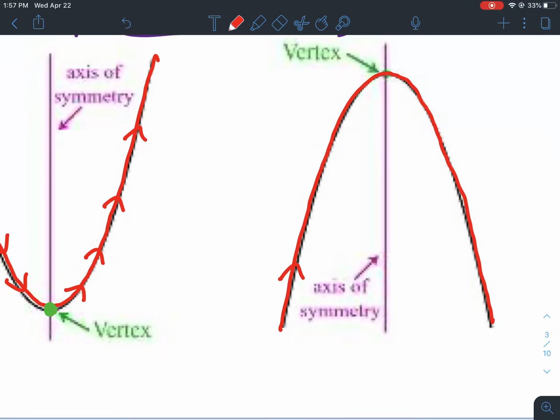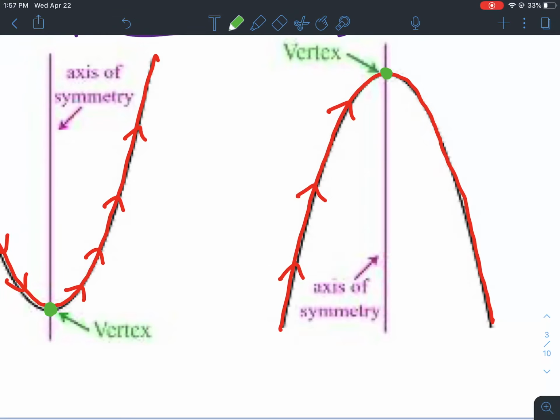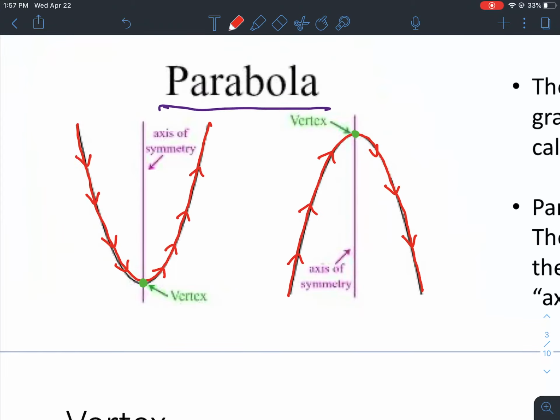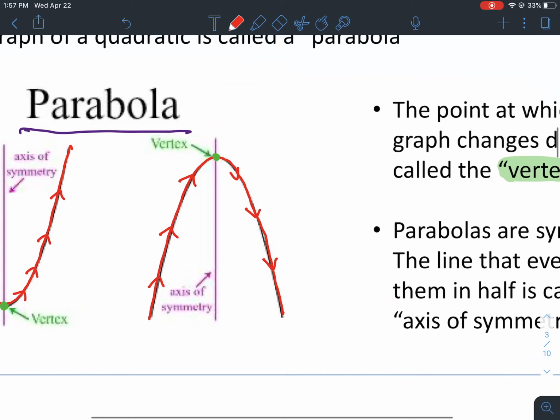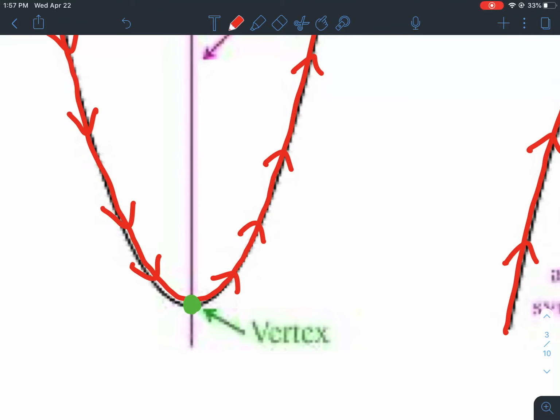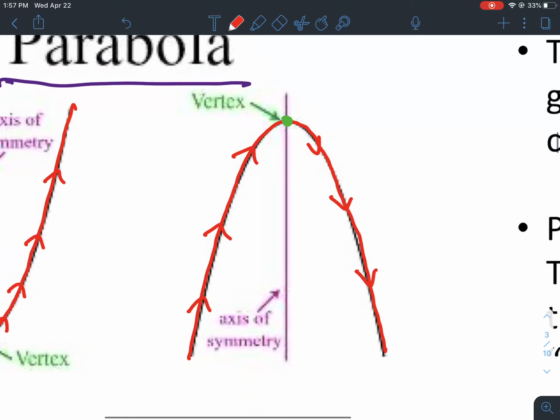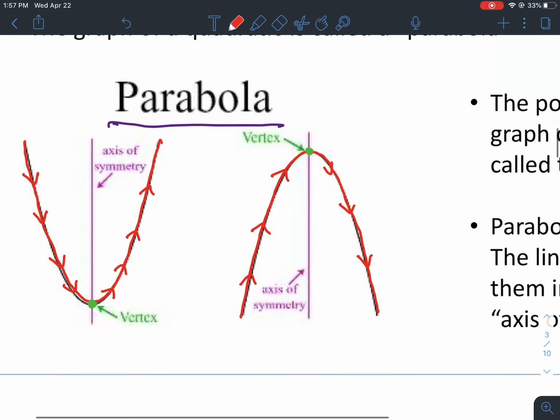Likewise, in the second one, the graph was originally going upward, then it hits this vertex right up here at the top, and then everything after the vertex we can see was heading downward. So the point where the parabola changes direction is the vertex. Now the vertex is also like the highest point of a graph or the lowest, depending on whether that U shape is going upward or downward. So in this first one, we see the vertex is the lowest point of the graph. And in the second one, the vertex is the highest point of the graph.